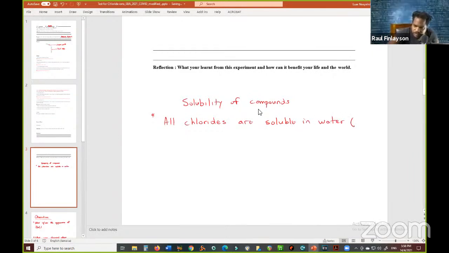And in reactions, we write that as aqueous, except for lead.